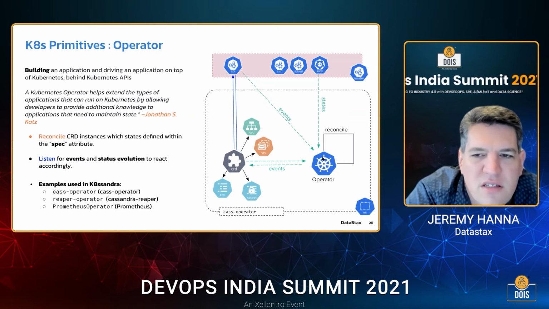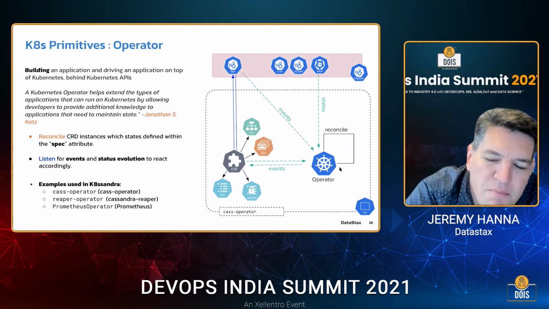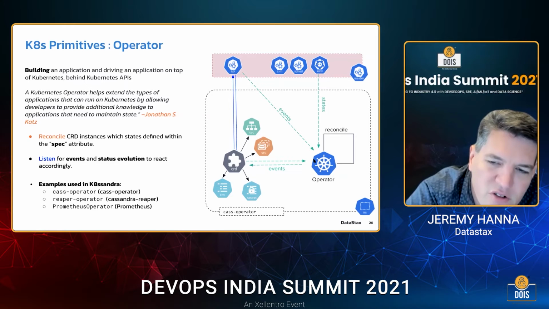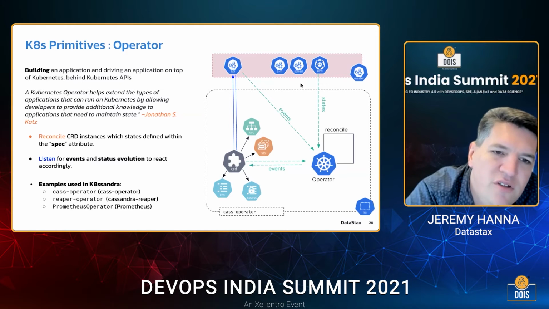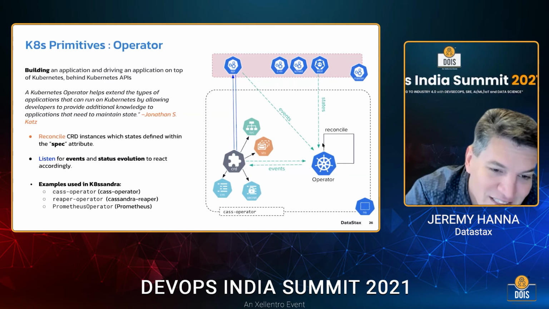And this is what I was talking about before. It has a set of states, and it reconciles those states and manages the state of the cluster. So if you have an update to your resource definitions, then the operator will look at that and say, okay, I can't just change everything all at one time. That would be insane.